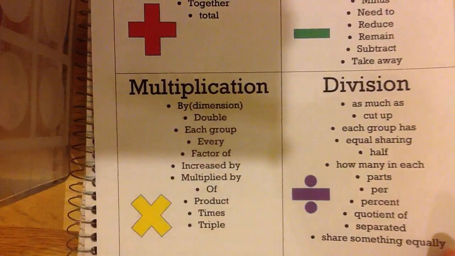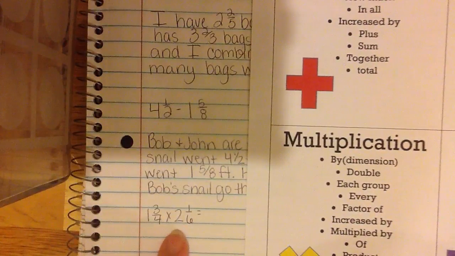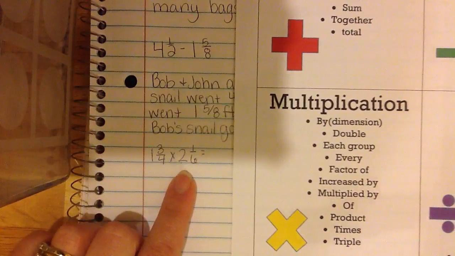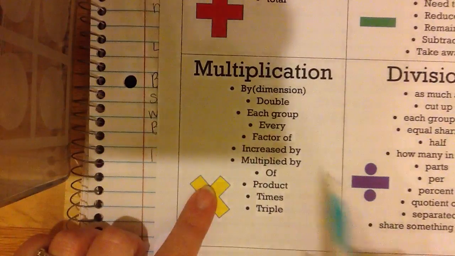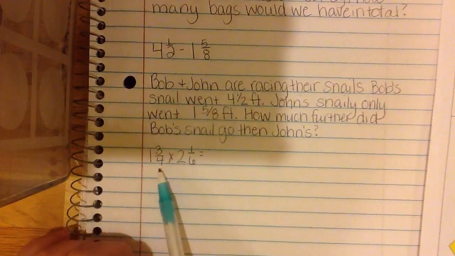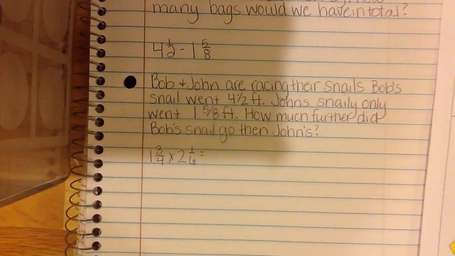By dimension, so I could have an area of a room. One length of a room be 1 3/4 meters maybe. The other one be 2 1/6 meters. I could take something that's multiplied or a product. I know with fractions, this is kind of taking parts of a part.